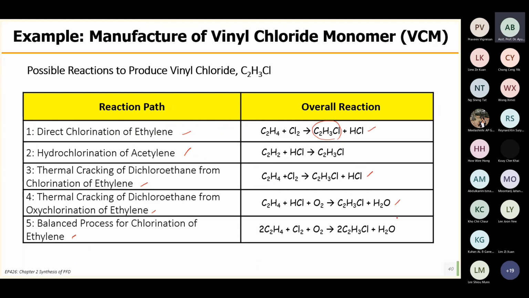This one you have water as the byproduct, and the reactant as well. This you need Cl2. These two you need HCl, in addition to O2. So from these 5, filter out which one is the most feasible.